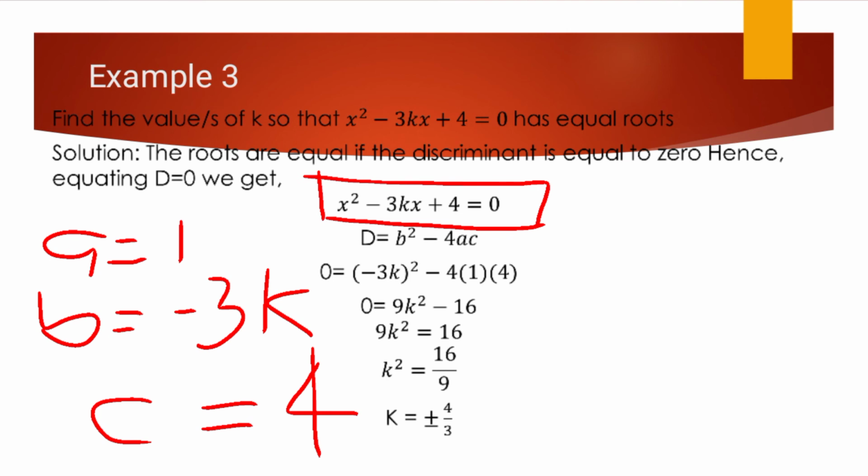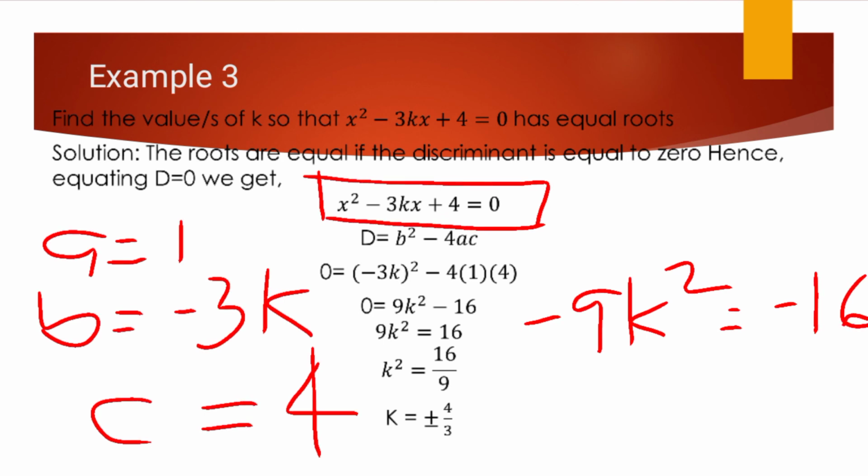Negative 3k squared is equal to 9k squared minus 4 times 1 times 4 is 16. So, we have 0 equals 9k squared minus 16. So, transposing 9k squared to the other side of equation, it will become negative 9k squared equals negative 16.